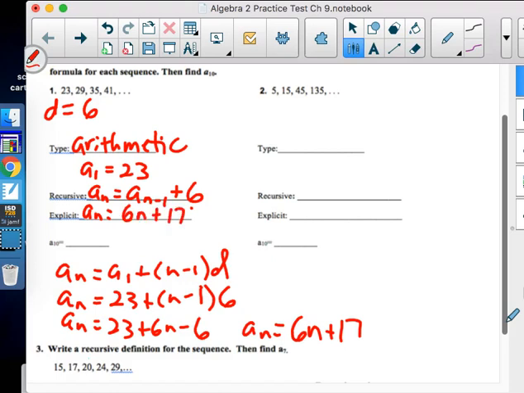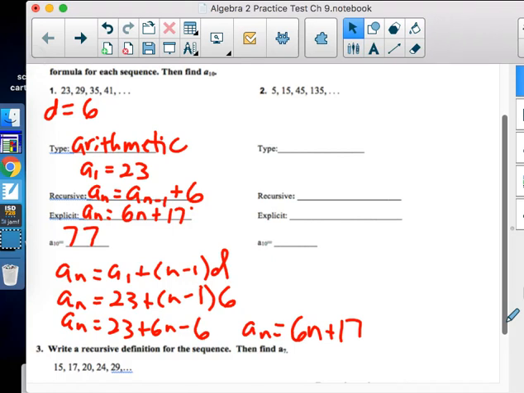There we go. How do we get the 10th one? Throw a 10 in there. So 6 times 10 plus 17. There it is. So it does all fit together. It's kind of like making you do step 1, step 2, step 3 as you go through it. But that's what we need to do.